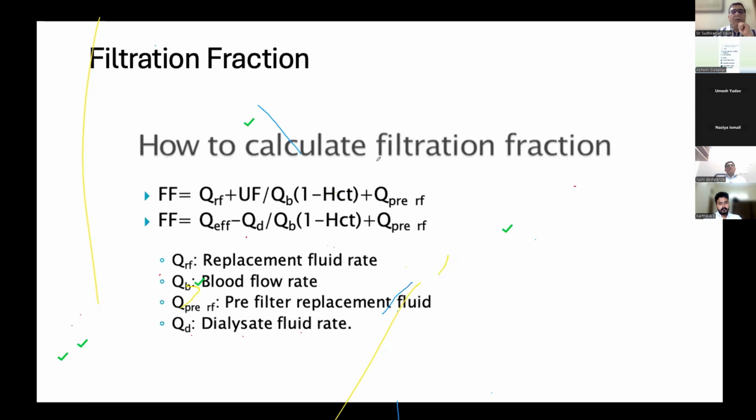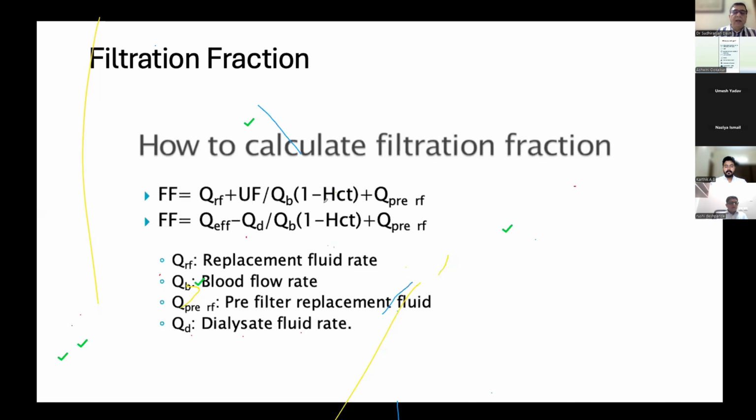Here the formula is the net ultrafiltration, which is basically the replacement fluid we were giving, along with the ultrafiltration, divided by the plasma flow. Plasma flow is calculated from the hematocrit, so the hematocrit is also required to be fed into the machine.